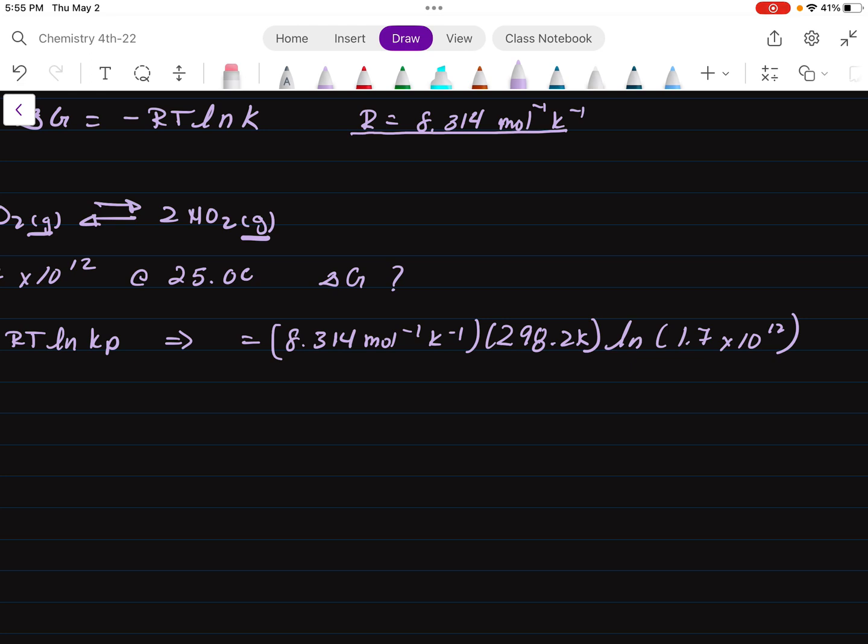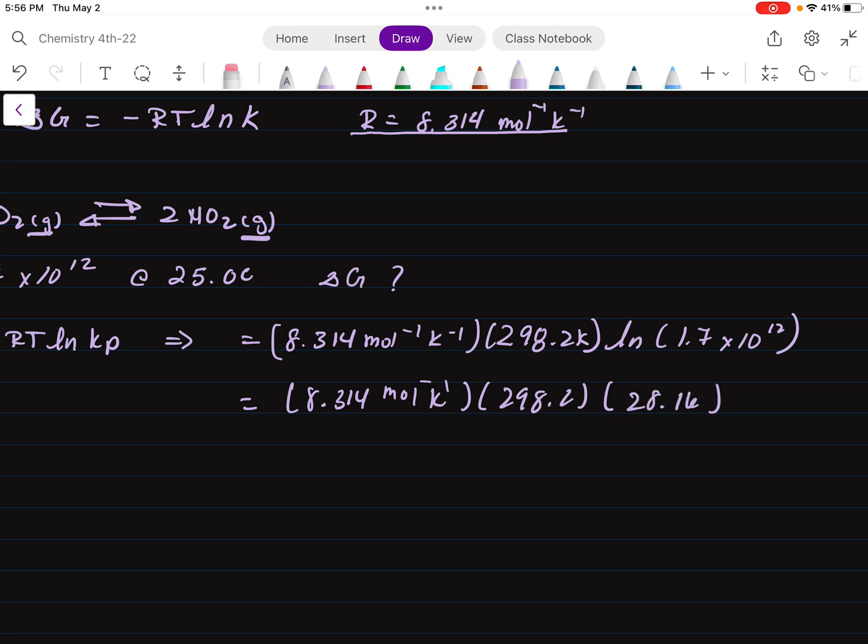The natural log of 1.7 times 10 to the 12 gives you 28.16. So that's 8.314 times 298.2 times 28.16.